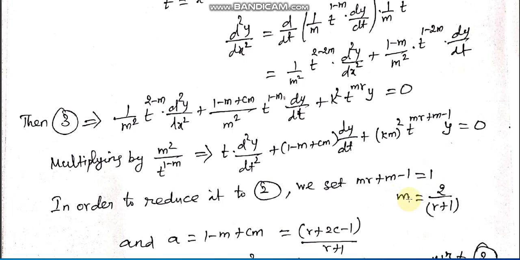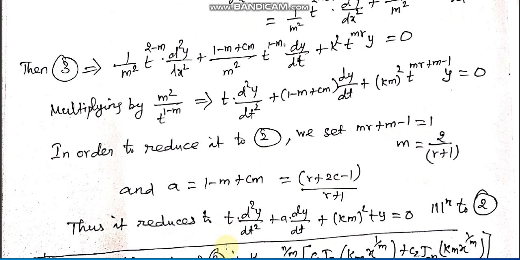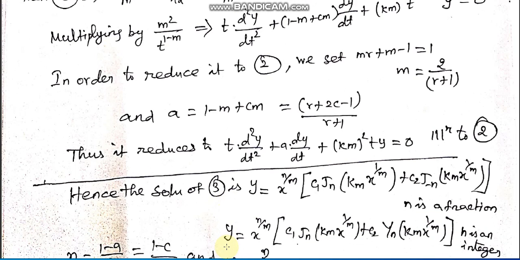From that we find the m value as 2 by r plus 1, and a equal to 1 minus m plus cm, which equals r plus 2c minus 1 by r plus 1. Thus it reduces to t into d square y by dt square plus a into dy by dt plus km square into ty equal to 0.